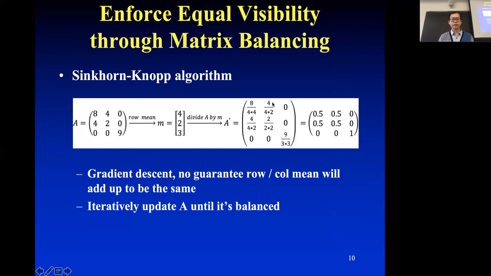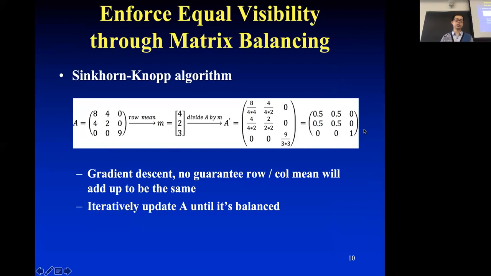The second case, the 4, means the interaction from the first location to the second location. The bias for the first location is 4 and the bias for the second location is 2. So the formula is 4 divided by 2 times 4, that is 4 divided by 4 times 2.